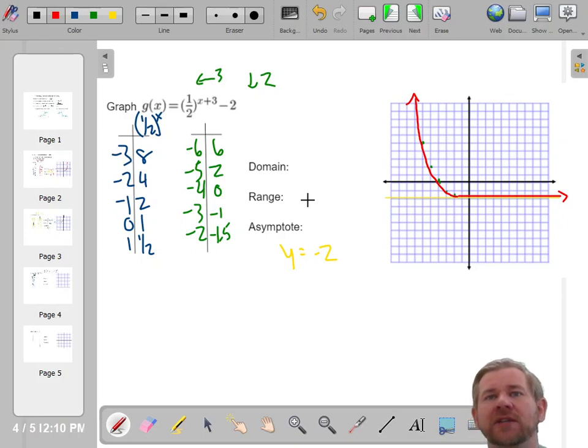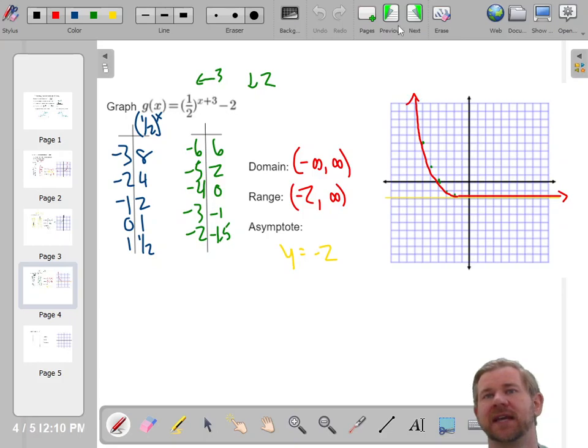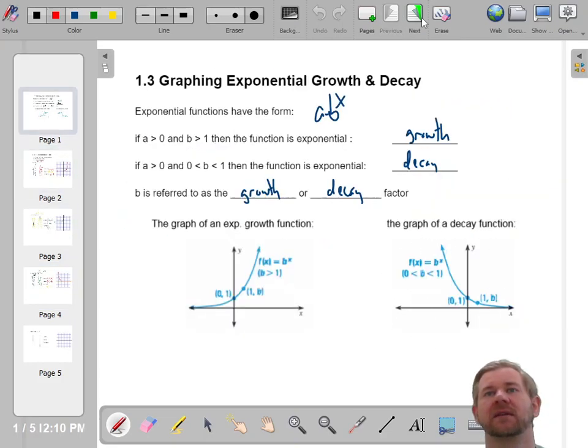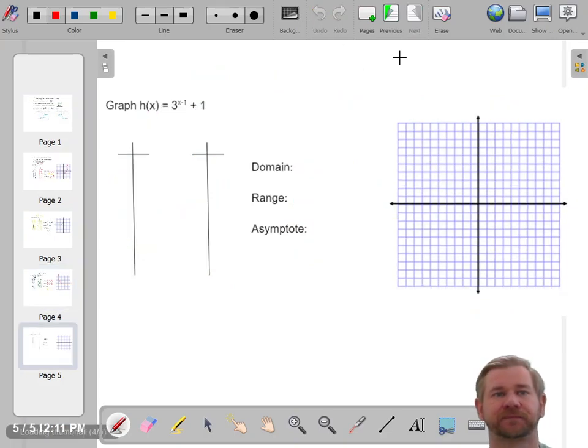Okay, so the range is negative 2 to infinity, and the domain is always negative infinity to infinity. So notice how this one's getting smaller. The first one gets bigger as you read left to right, but this one is getting smaller as we read left to right. See, it's decay, and that's what this graph shows, decay. So if that's less than 1, it's a decay problem.